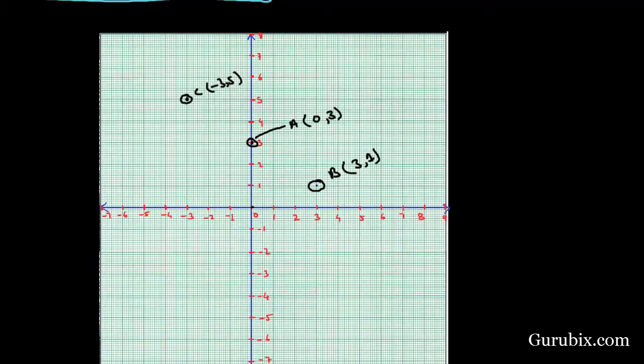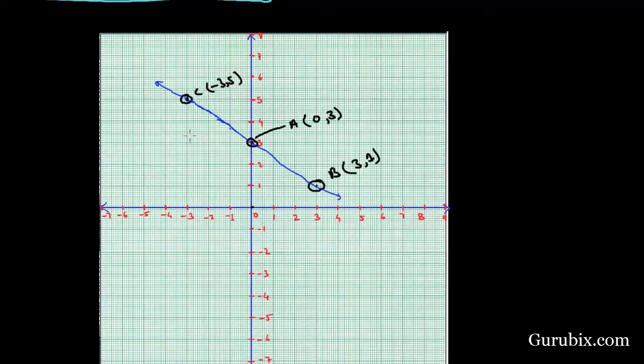And now we shall draw a straight line through all these 3 points. This line is the graphical representation of both the equations.